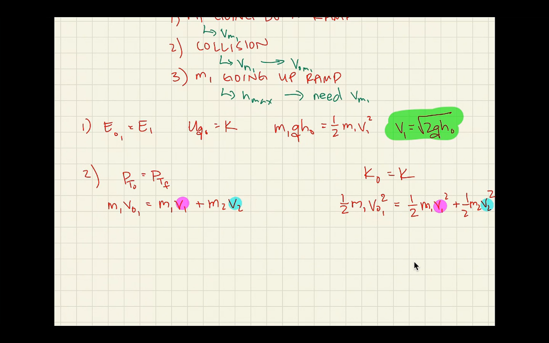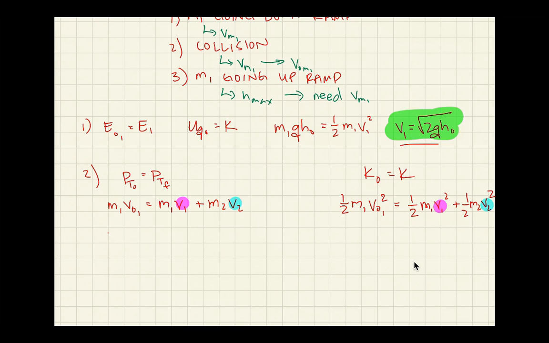Keep in mind that this initial velocity of block 1 is going to be set equal to my answer from part 1, the square root of 2gh0. So moving forward here, I'm going to solve this momentum equation for the final velocity of block 2.